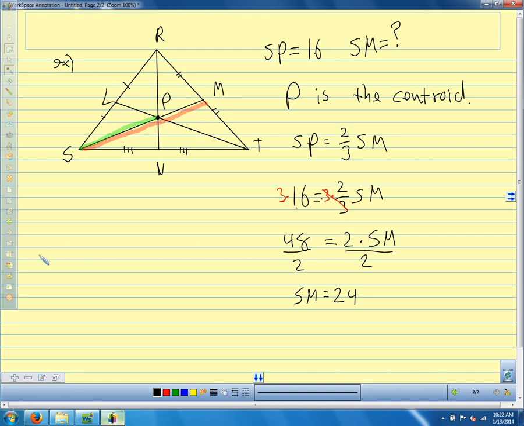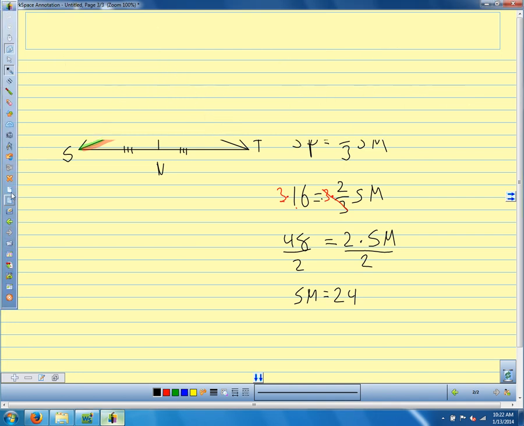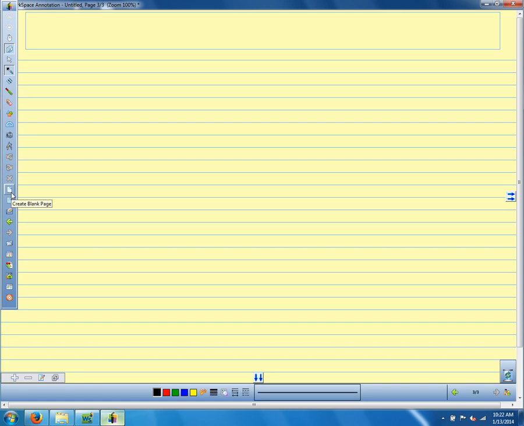All right. So before we talk about our next theorem, we need to talk about our next kind of segment. An altitude. And in parentheses, I'm going to put height, because in the past we've used these two words kind of to mean the same thing.